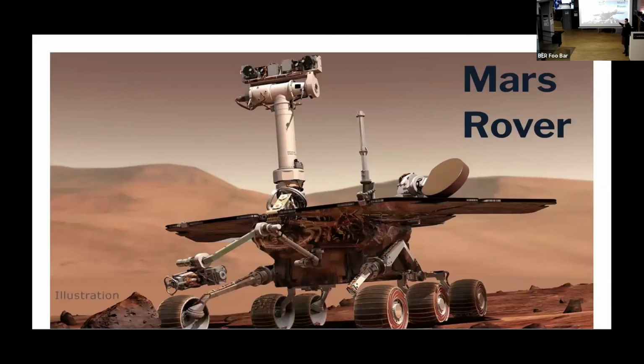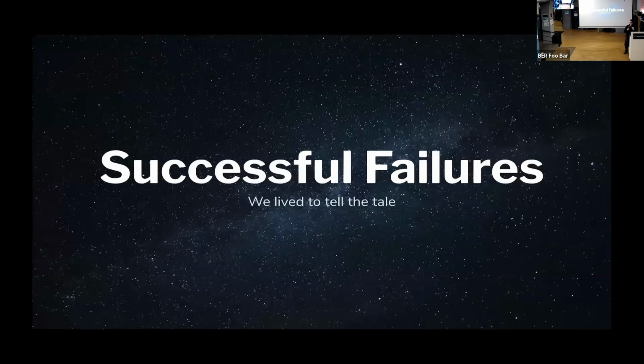That is a stellar success. That is so far beyond its mission parameters. But we're really probably not going to launch the Mars rover that lasts multiples of how long it's supposed to manage. Instead, what we're going to have in our life is partial success, semi-success, successful failures.